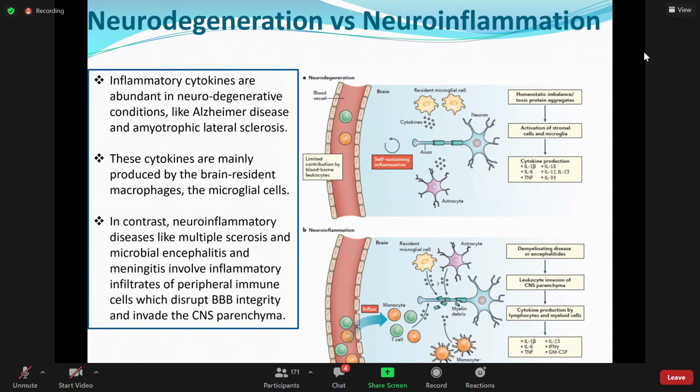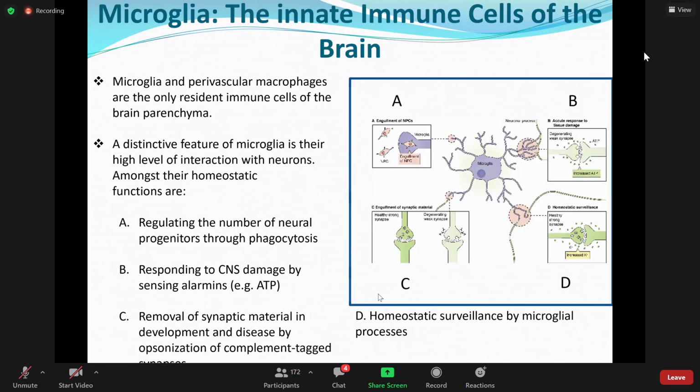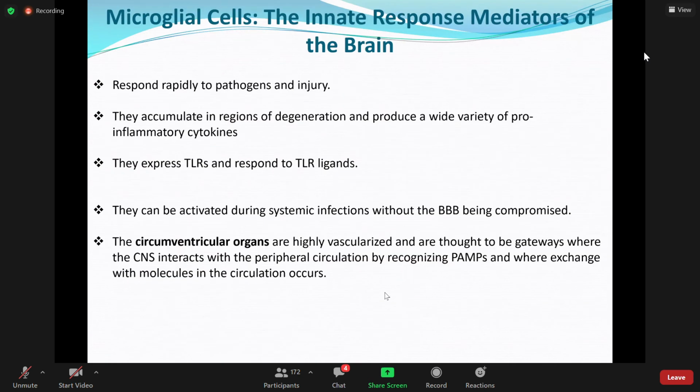Regarding the microglia, in their normal homeostatic functions, they play an important role by regulating the number of neurons and removing damaged neurons. This is done through opsonization, using complement components, and then removal by phagocytosis.